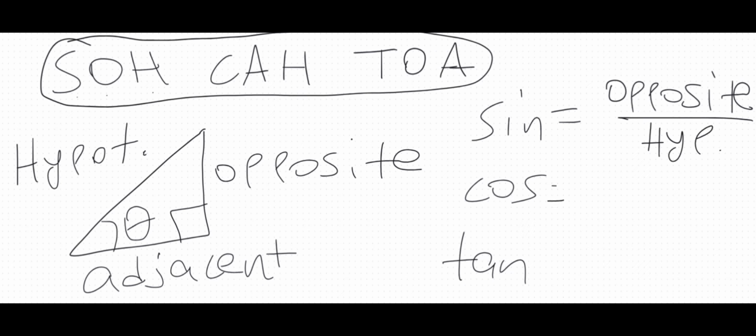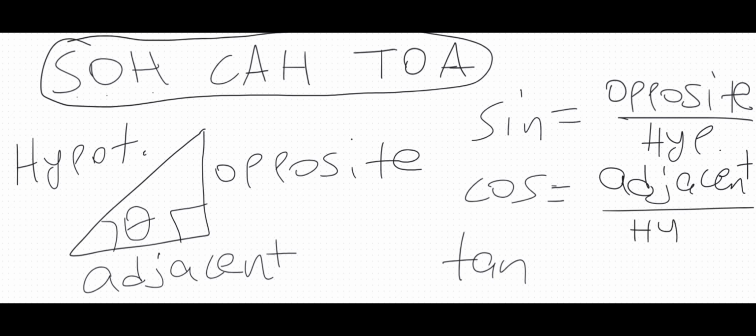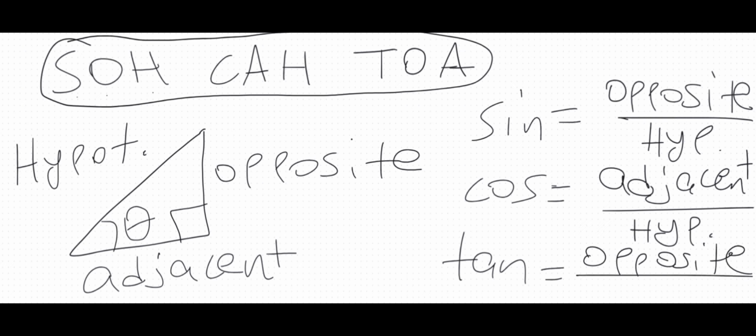And cosine is always adjacent divided by the hypotenuse. And tangent is always the opposite divided by adjacent.